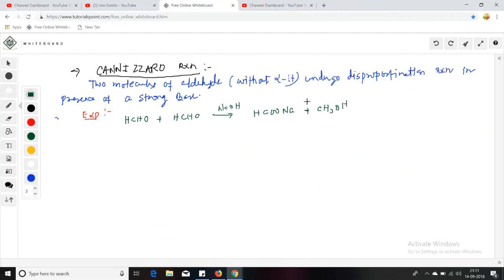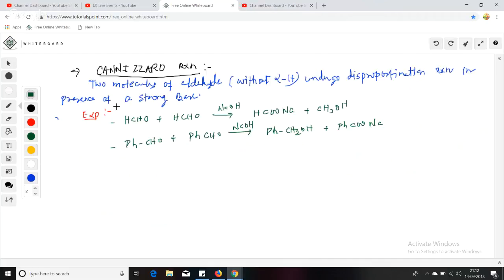Now if I take another example, suppose we have PhCHO, benzaldehyde, plus again PhCHO, NaOH. The product here will be PhCH2OH plus PhCOONa. Like this, one molecule is getting oxidized and the other one is getting reduced. This is how it goes.